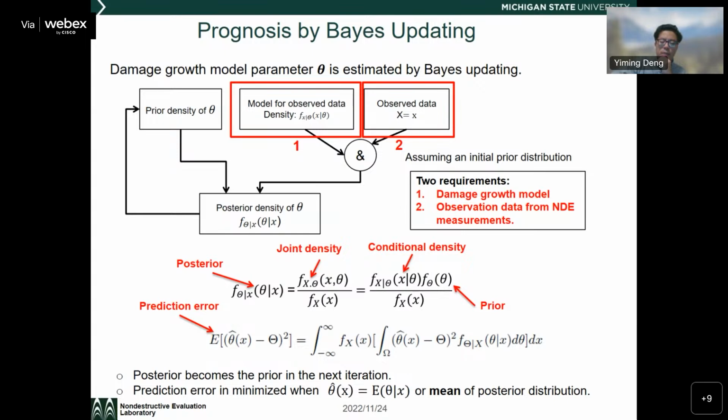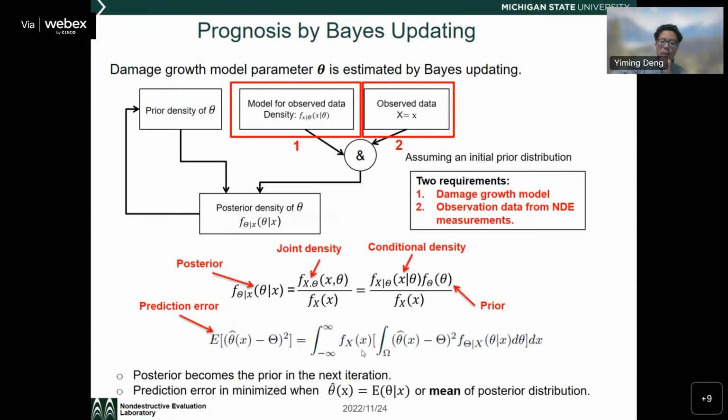So the prediction error is defined based on the theta, and you can look at the expected value of estimated theta minus the true value theta, squared, based on the definition of expectation.